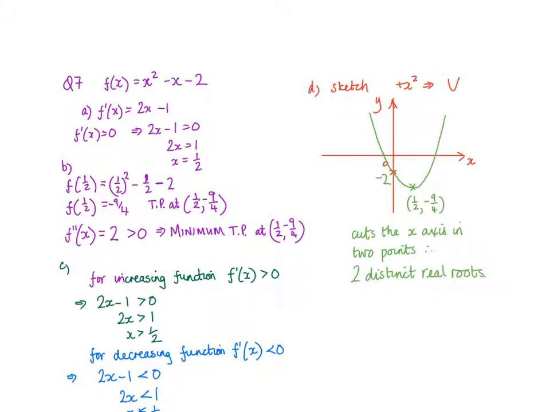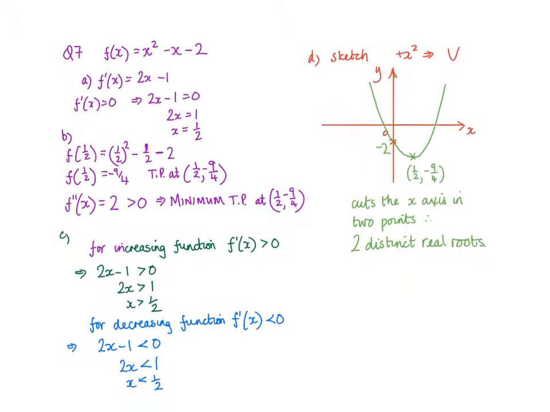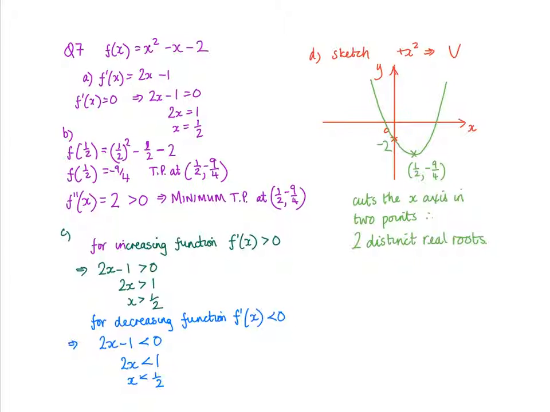and then in question 7, again, same type of question as you would get in an exam, and you can see that it's asking for the turning point, the y coordinate of it, and when it is an increasing function.